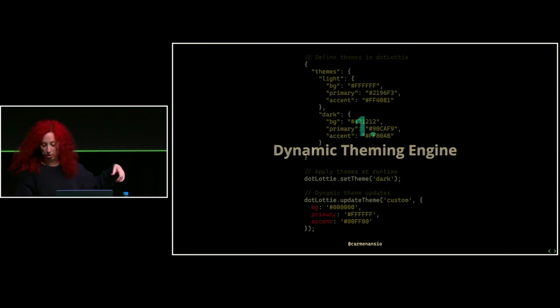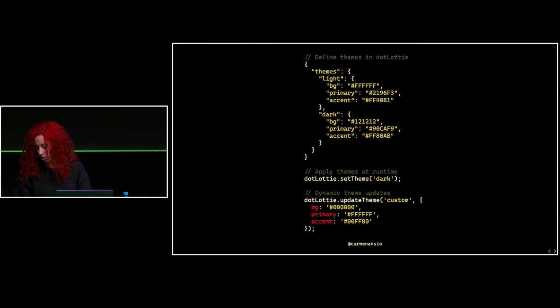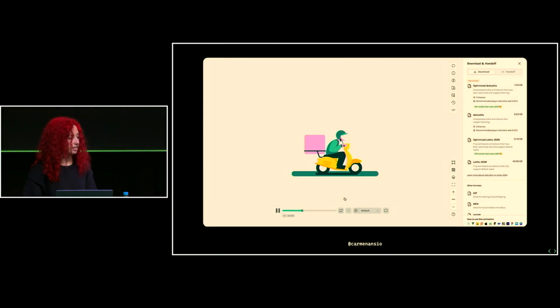Here's how it works. You can define multiple themes inside your animation JSON, like light mode, dark mode, and you can apply those themes at runtime with .lottie set theme, and boom. You don't need to swap assets or load different files to switch them.